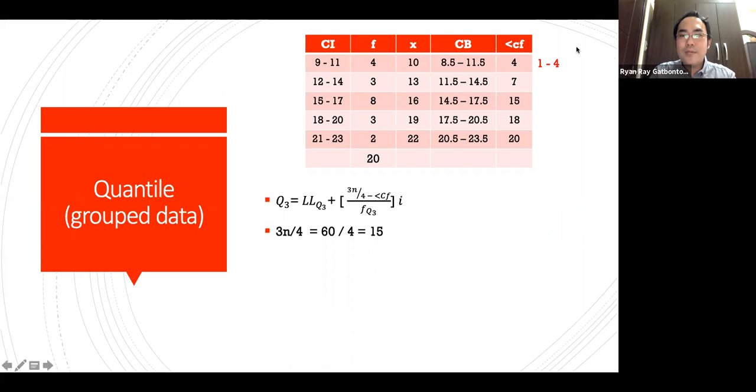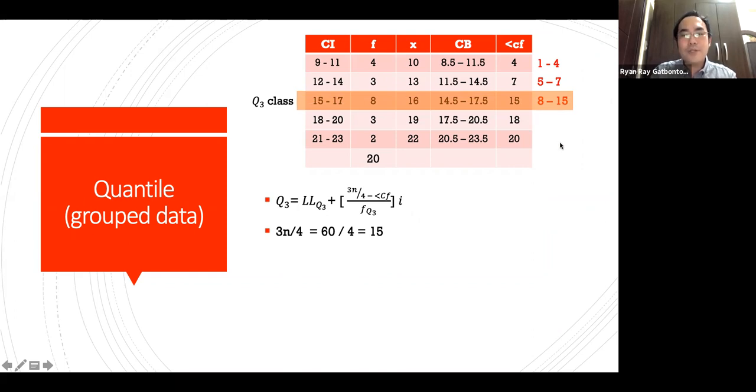So by doing so, we count again, 1 to 4, this is 4. 5 to 7, okay, this one falls here. And 8 to 15, your 8 to 15 falls here. So therefore, your third quartile class is this class interval, your 15 to 17.